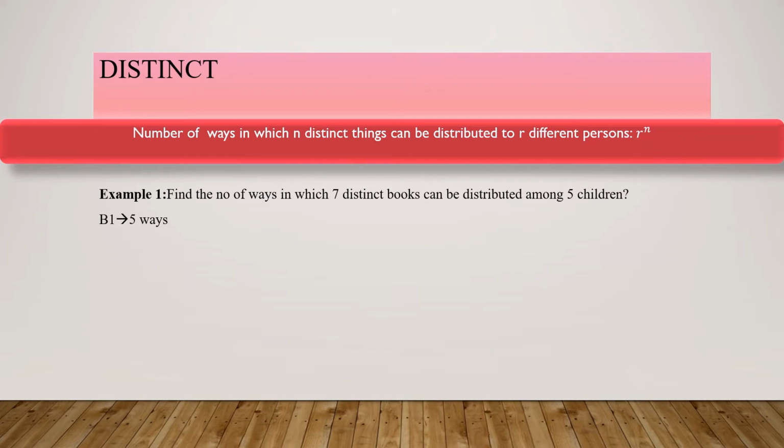So book 1 can be distributed in 5 ways. Similarly, book 2 can be distributed in 5 ways. Likewise, book 7 can be distributed in 5 ways. So the number of ways the books can be distributed is 5 into 5 into 5 into 5 into 5 into 5 into 5, that is 5 power 7 ways.